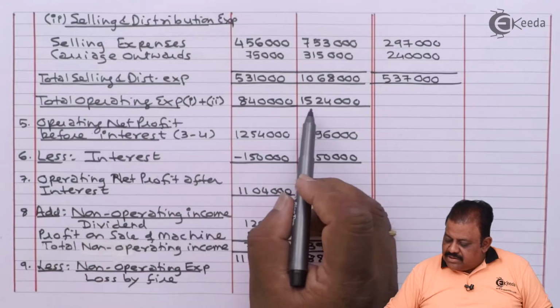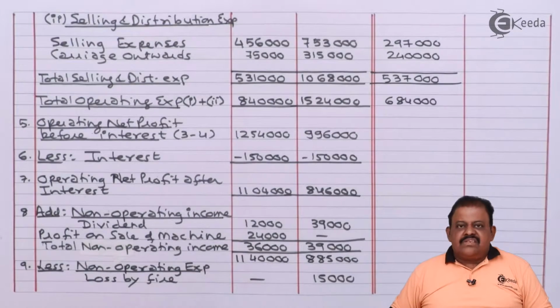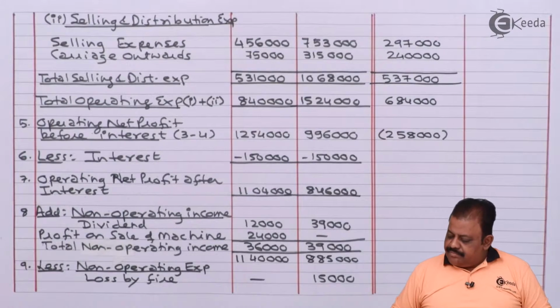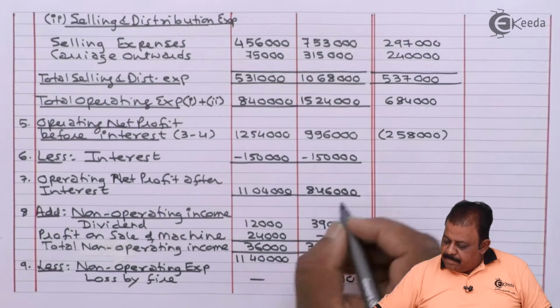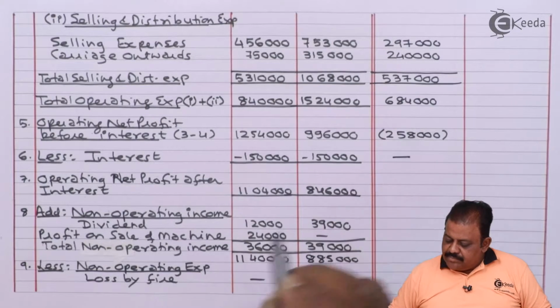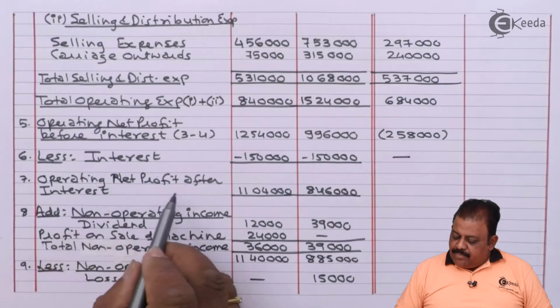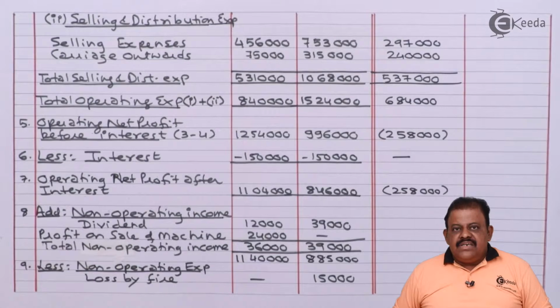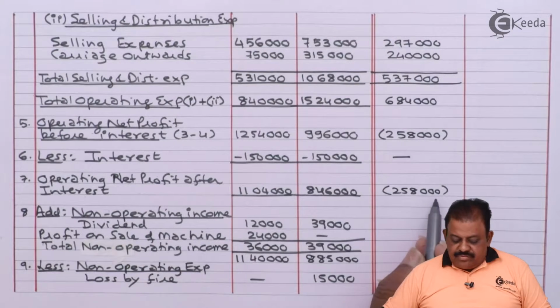Total operating expenses, there is increase 6 lakh 84,000. Decrease 2 lakh 58,000. Interest, both the years amounts are same. Operating net profit after interest decrease 2 lakh 58,000.